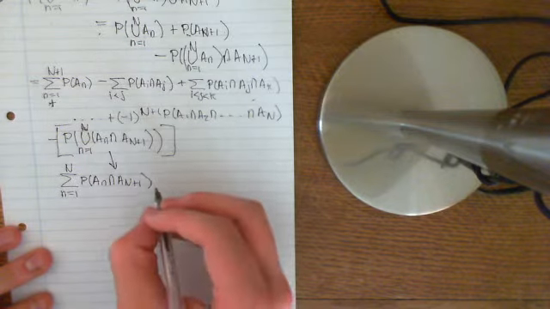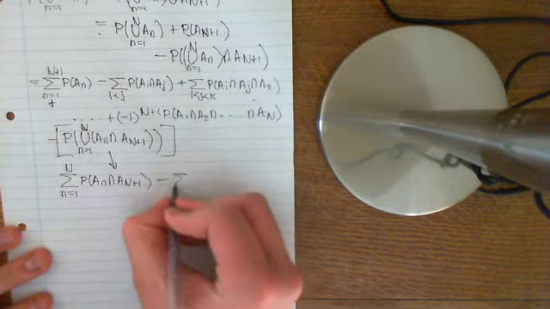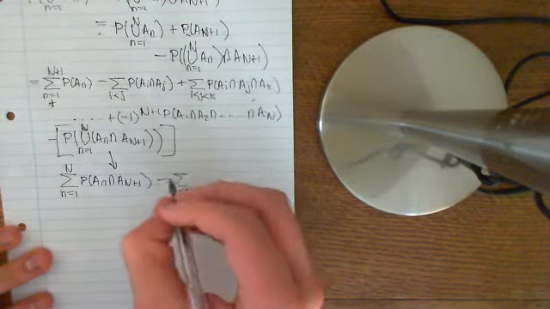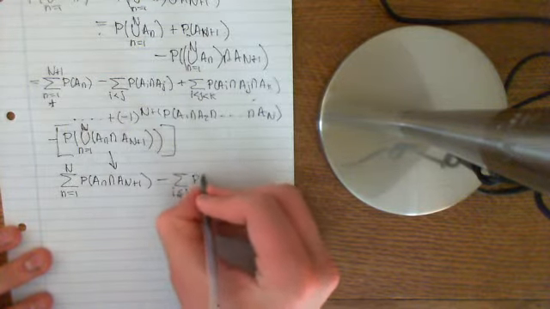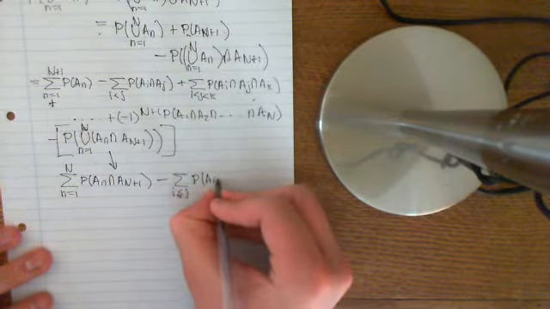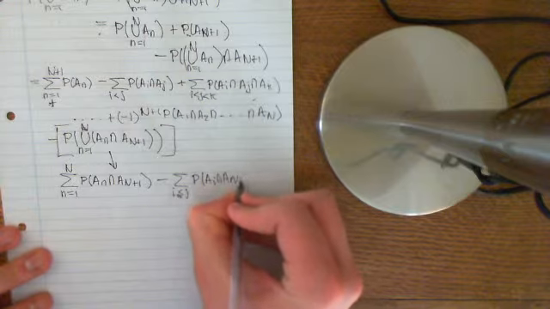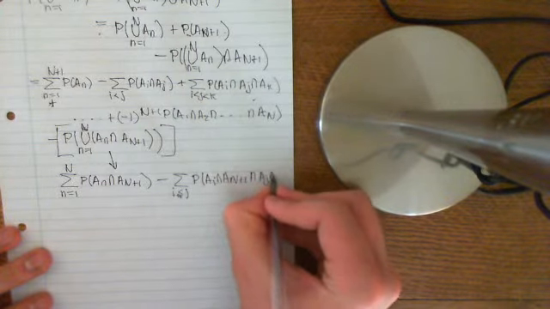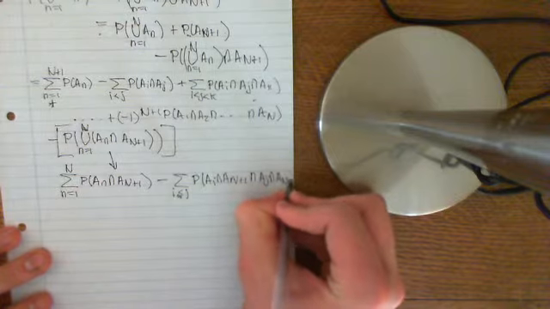Then I will get minus the summation i less than, not less than or equal, less than j of the probability of ai intersect an plus 1 intersect aj intersect big N plus 1.